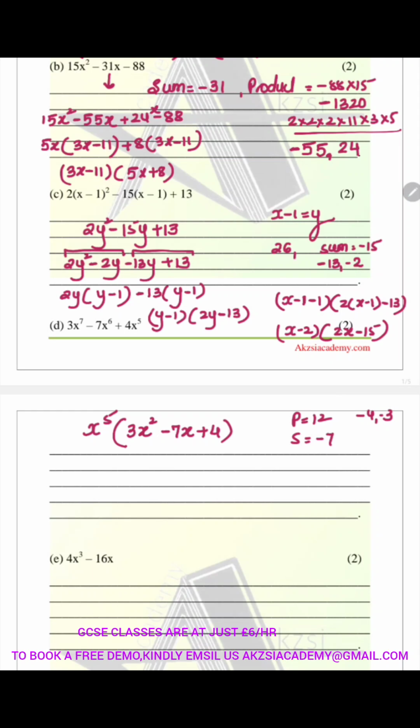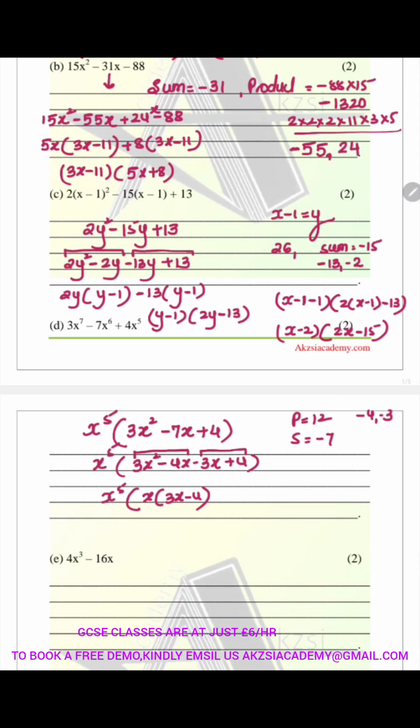Very simple. 3x squared minus 4x minus 3x plus 4. I'm just splitting the middle term, with x to the power of 5 outside. Now making the pairs. Taking out x as common, you can write 3x minus 4.